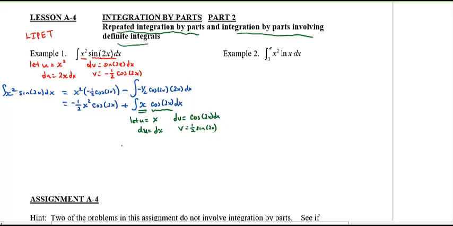So it's uv, so x times 1/2 sine 2x, minus integration of v, 1/2 sine 2x, du, which is dx. Now don't forget, we still have this term from what we had from above, negative 1/2 x squared cosine 2x. That is also still part of my solution.